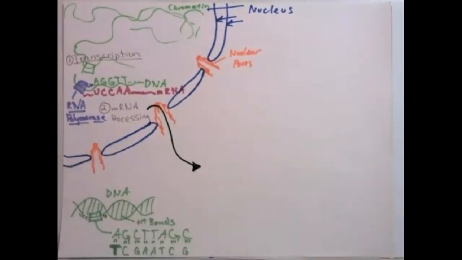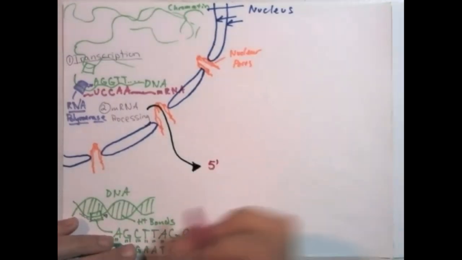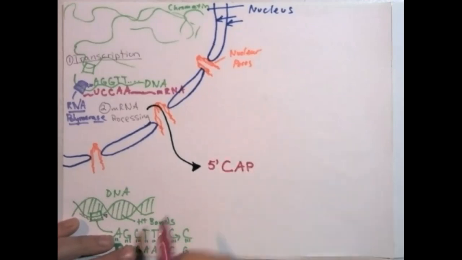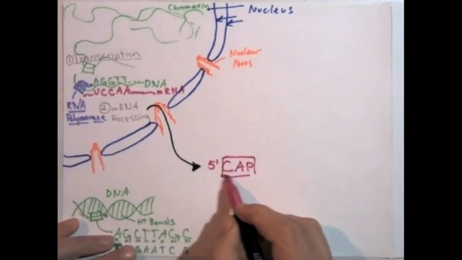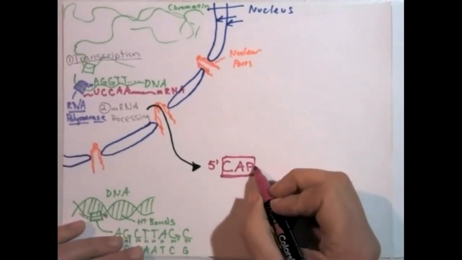What does this look like? We have the 5' end, which is a cap, right? Essentially a flag that is showing the ribosomes where the beginning of the molecule is.